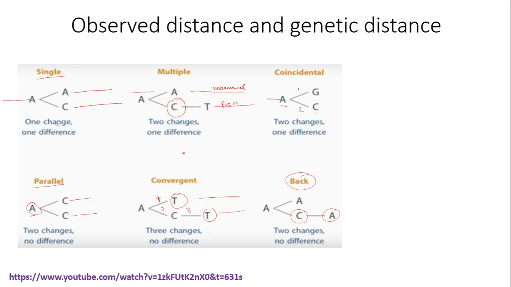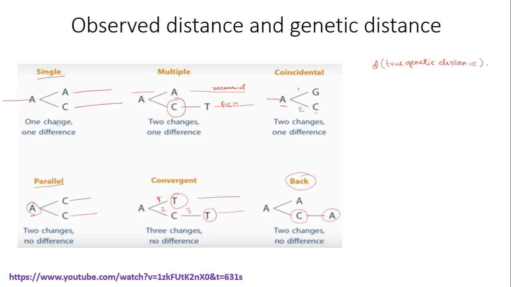These nucleotide substitution models will take into account these underlying evolutionary events that might have happened in the past and compute the true genetic distance. We refer to this as D, or what we call the true genetic distance.